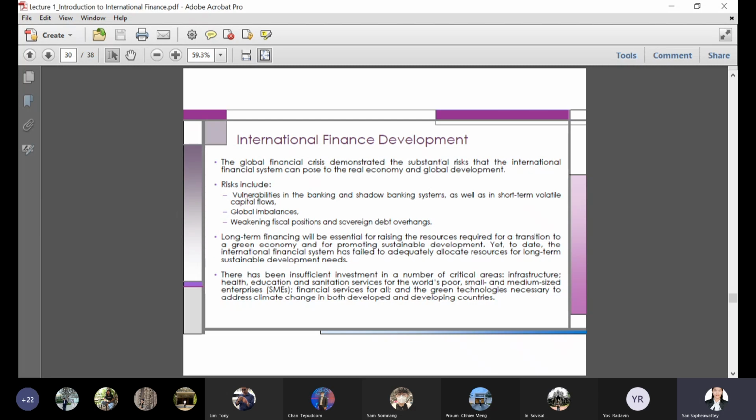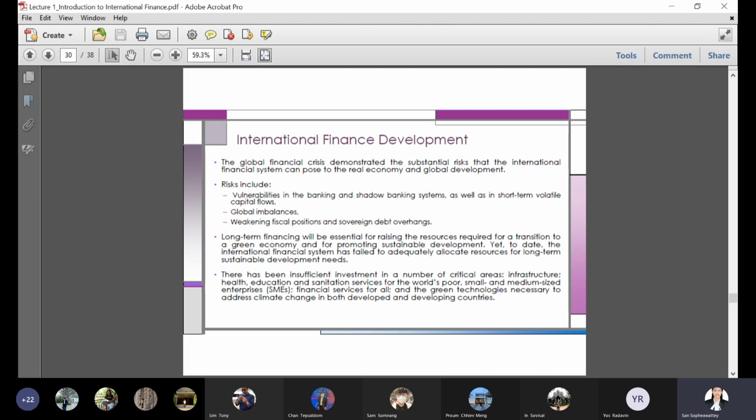So after the GFC, even though most countries have bounced back in their economic growth, as I mentioned before, the economic growth after the GFC has not bounced back to the pre-crisis level. And the consequences of the crisis have put some countries into vulnerabilities, such as sovereign debt overhangs.